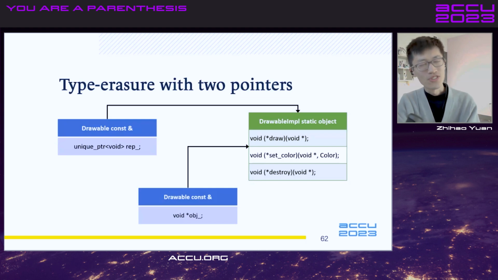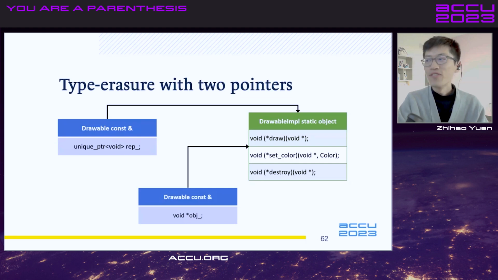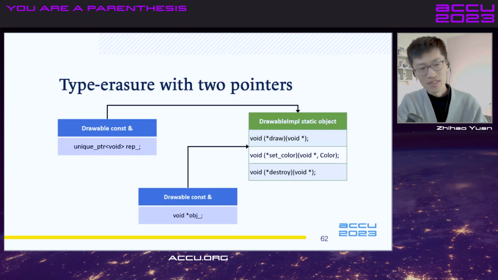Although move_only_function has some small object optimization, you get the idea. So I have two different type erasures, but they are of the same size. Both are 2 pointers.